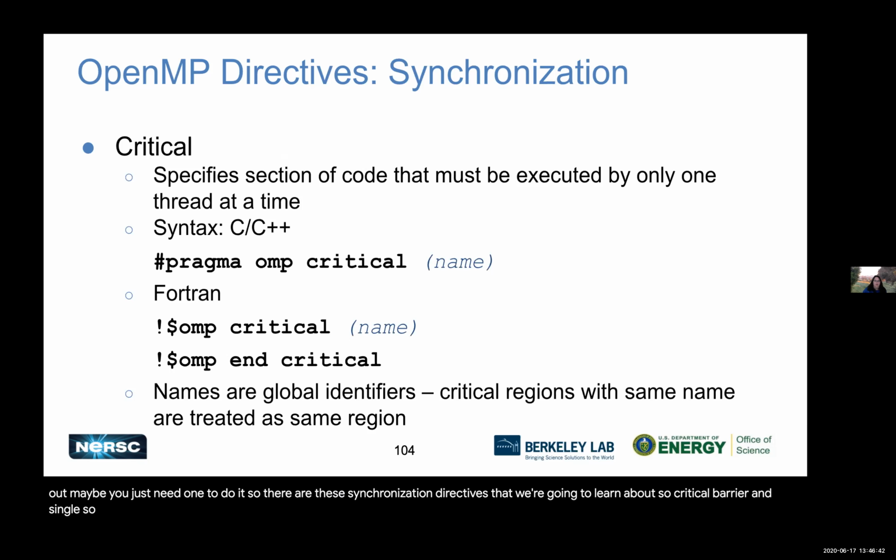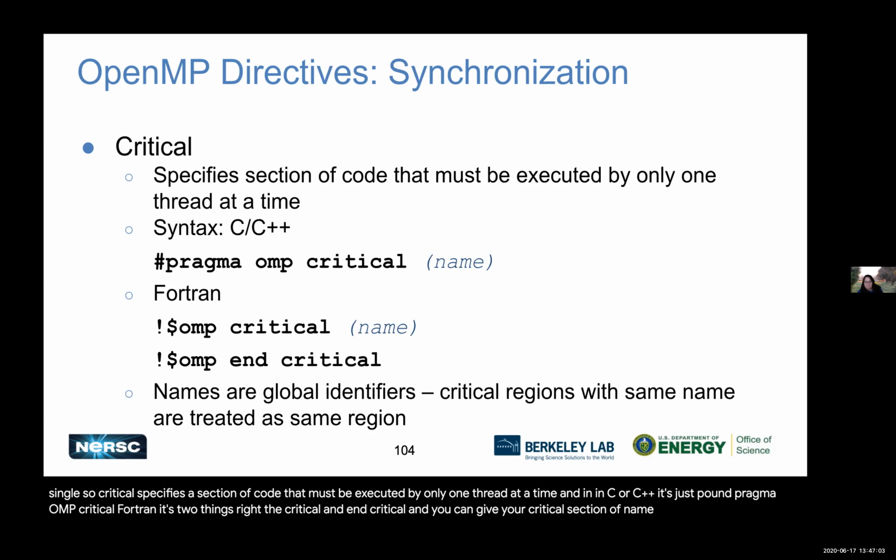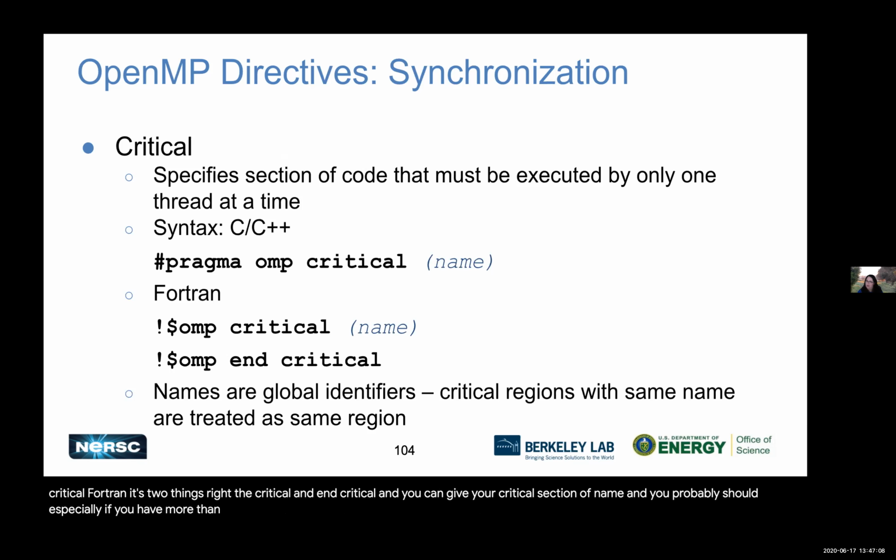Critical specifies a section of code that must be executed by only one thread at a time. In C or C++, it's just pragma OMP critical. In Fortran, it's 2 things, right? The critical and end critical. And you can give your critical section a name, and you probably should, especially if you have more than one, because the names are global identifiers.